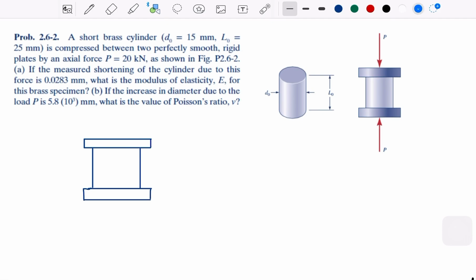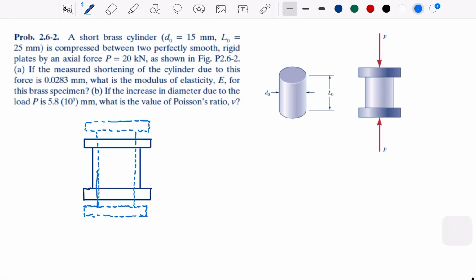There is a change in the shape. The volume is still the same, but the cylinder is getting shorter, the height, and the width is getting larger.